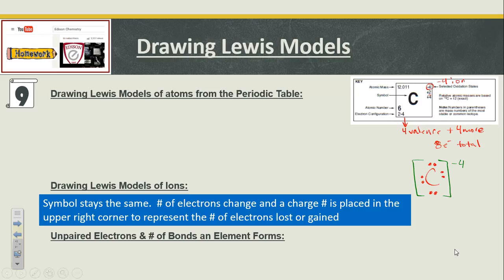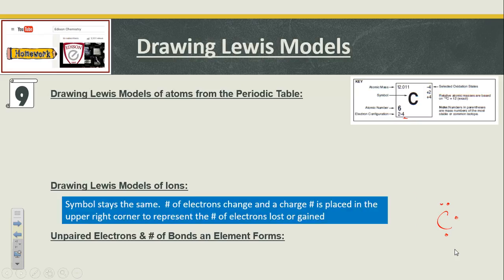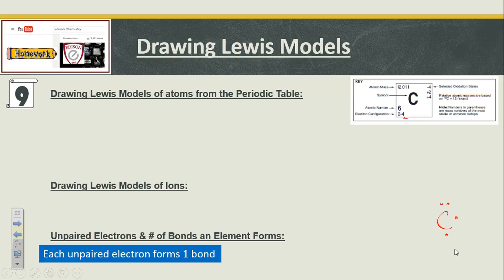Unpaired electrons and bonds in element forms is kind of important. So let's look back at the original carbon that I had drawn a minute ago. Carbon, boom, boom, boom, boom. That's the 4 standard electrons that a carbon atom has. Unpaired electrons are capable of forming chemical bonds to make compounds.